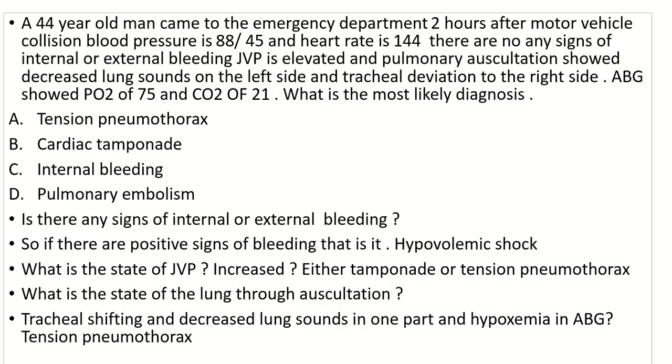Pulmonary auscultation showed decreased lung sounds on the left side with tracheal deviation. ABG showed hypoxemia and hypocapnia. The cause of hypocapnia here is the increased respiratory rate due to hypoxemia. Carbon dioxide is easily washed out with increased respiratory rate, unlike oxygen. So the answer here is clear, which is tension pneumothorax.